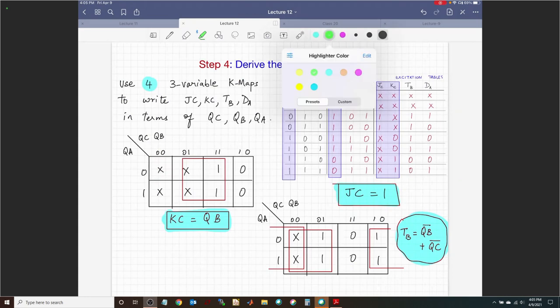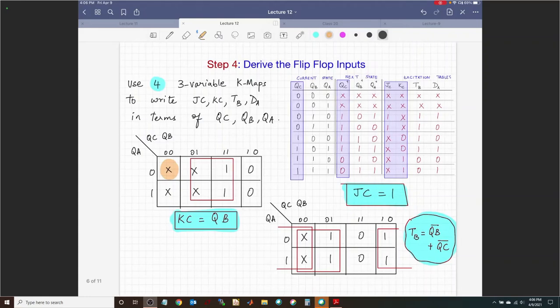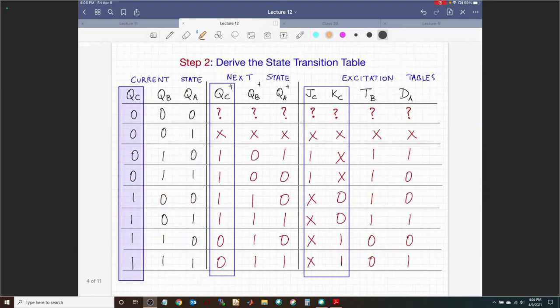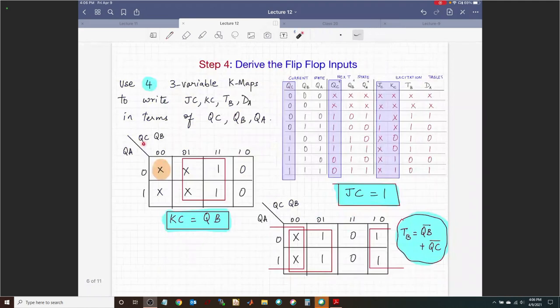Let me highlight it in a different color, maybe brown. We left it out, so it was a 0 there. For JC, it was a 1, but for KC, we left that don't care out. Where am I looking? I'm looking at QC is 0, QB is 0, QA is 0.